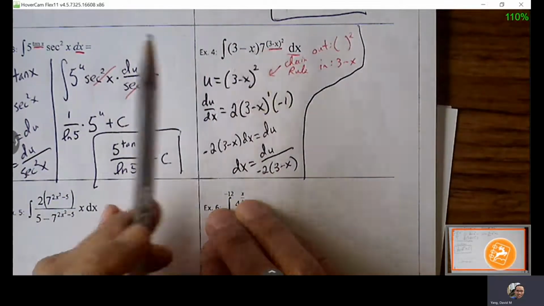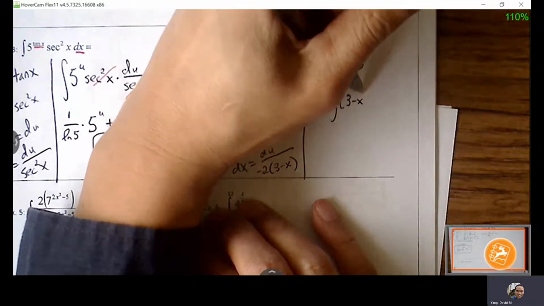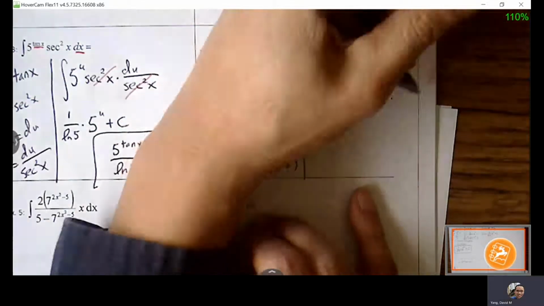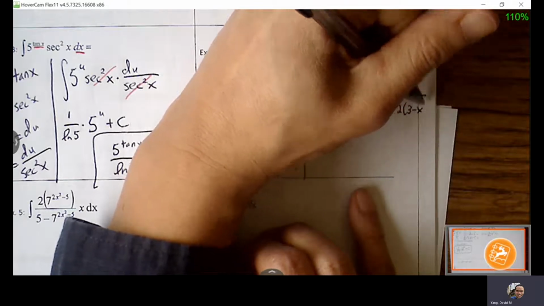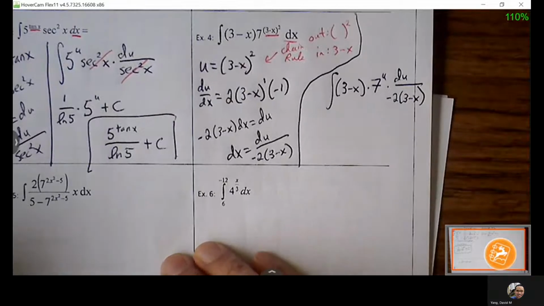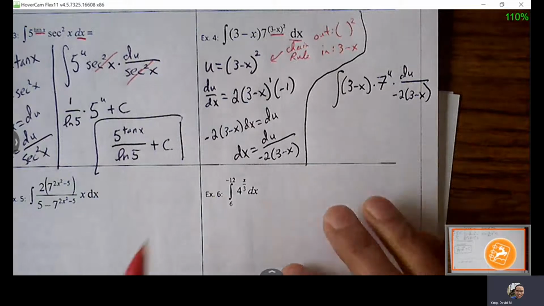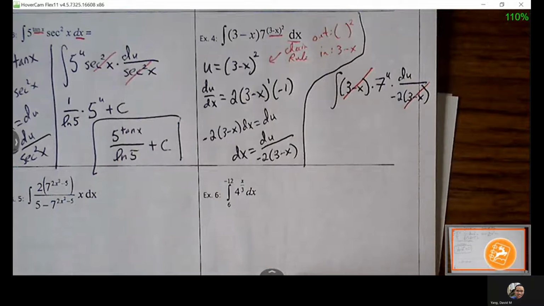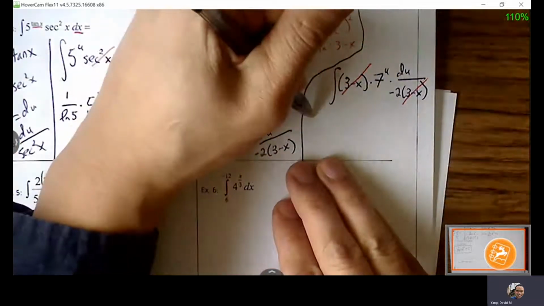Make your substitutions. All right, what do you see here? Coefficient of, good, -1/2. Okay, make sure that you don't push the 7 out as well. The 7 is not a coefficient, it's part of the exponential function.